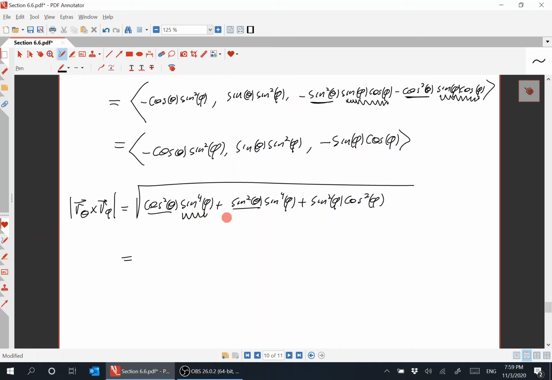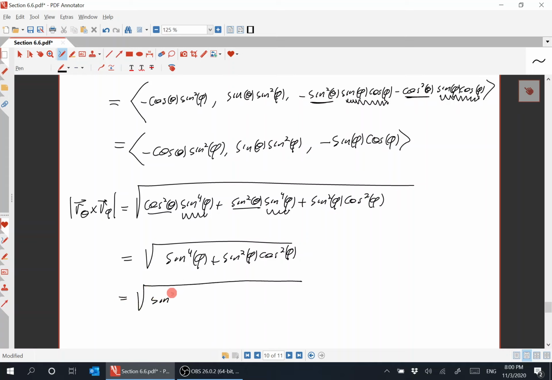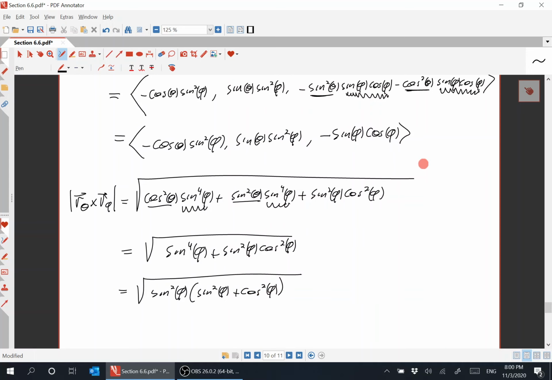And then a common factor of sine to the fourth phi gives me just sine to the fourth phi when you add them together, plus sine squared phi cosine squared phi, factoring out sine squared phi, sine squared phi plus cosine squared phi, which is equal to 1.